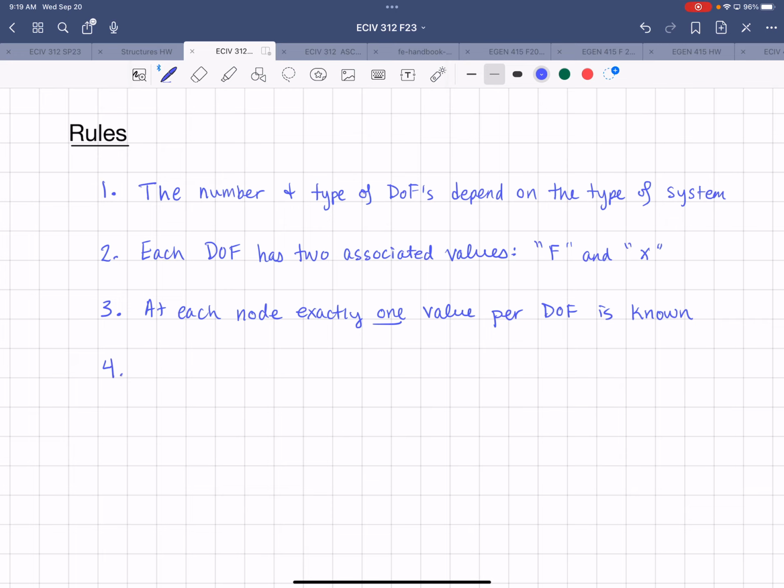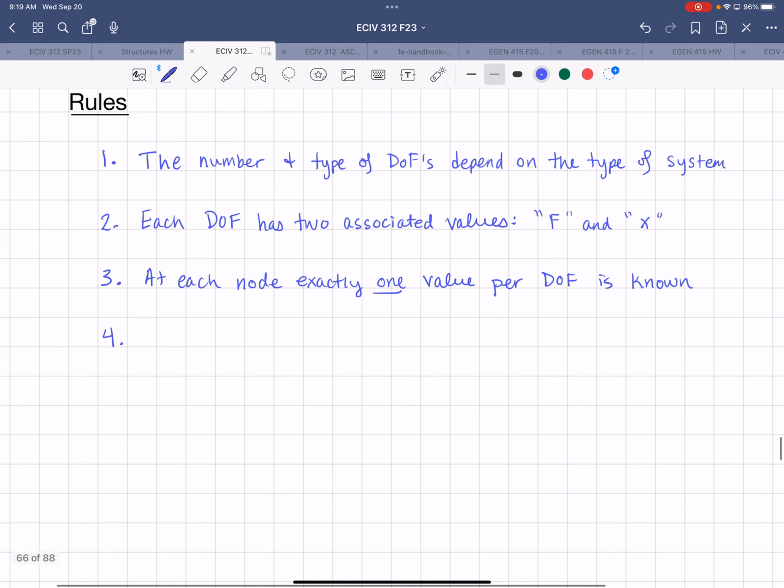We'll expand on that later. And this also ties to the next rule, which says that the force and displacement matrices will each have known and unknown values.